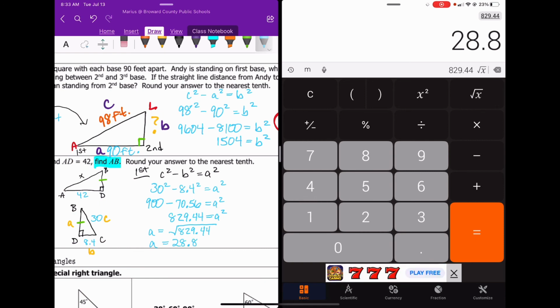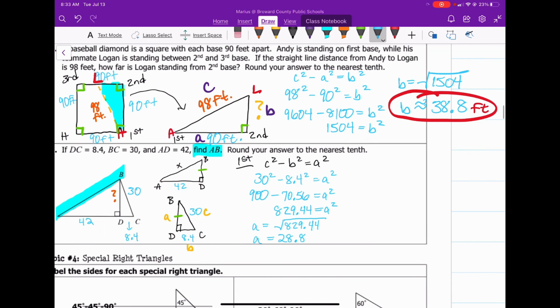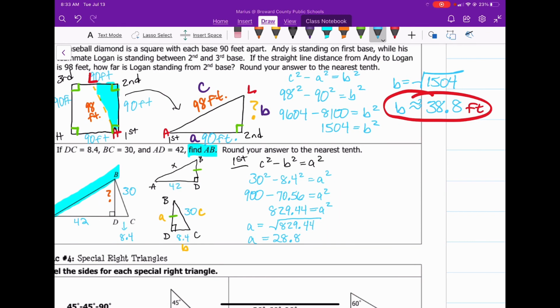Okay, so now that we have A, I'm just going to remove the calculator real quick, go back to our diagram. So we now know A is 28.8, so I can put 28.8 right here. Now that we know 28.8, we can go ahead and do the second part.